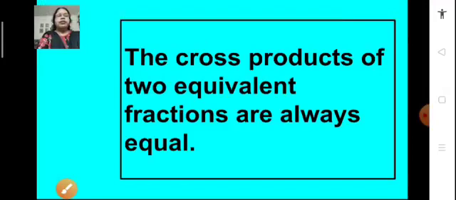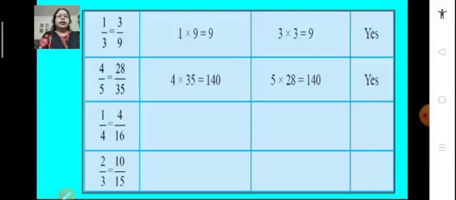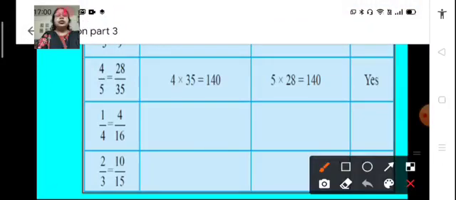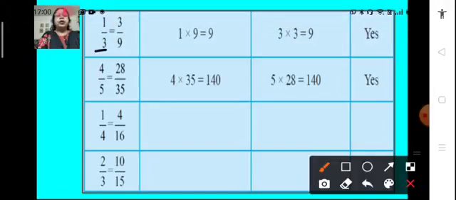One more interesting fact about equivalent fractions is that the cross products of two equivalent fractions are always equal. Let's see how. Here we have two fractions, 1 upon 3 and 3 upon 9. Are they equivalent? To find this, we have to cross multiply the numerator and denominator of the two fractions.